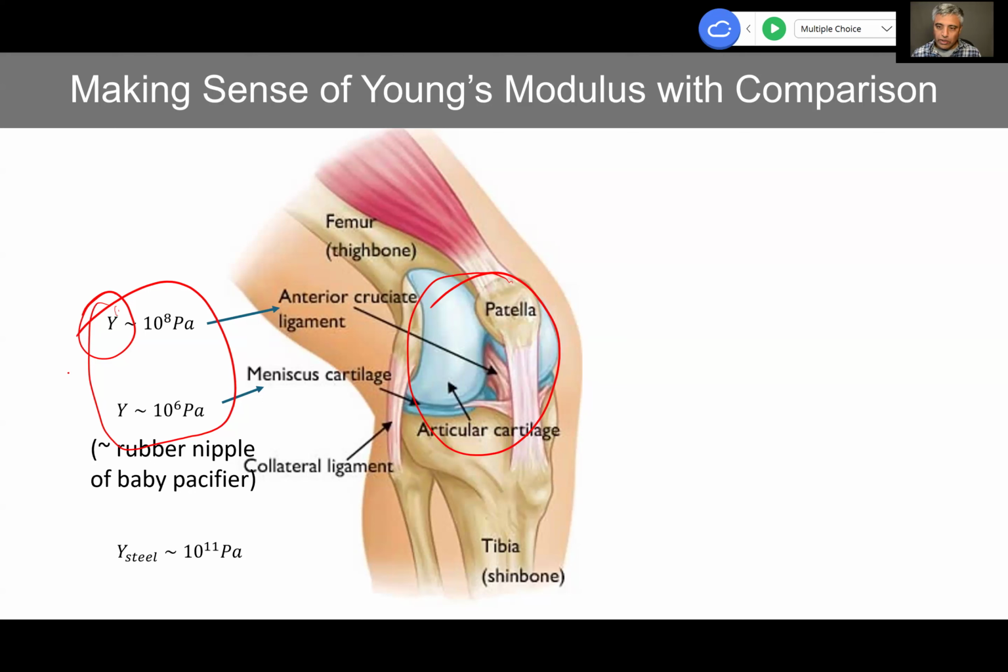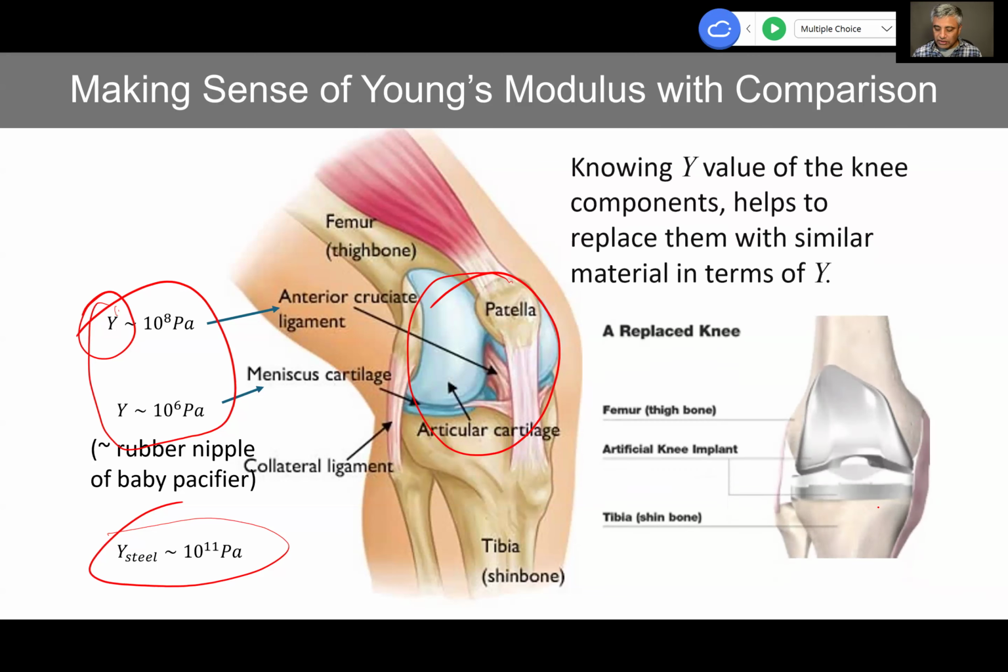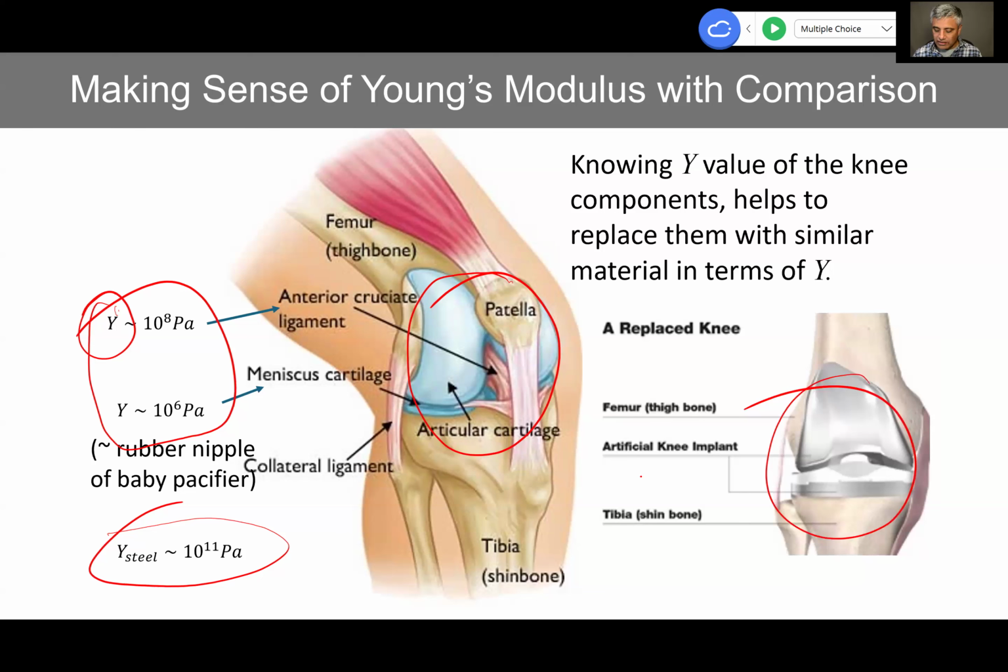So that's what we want, okay? We do not want to just put steel in as a knee replacement, okay? So understanding what the value of Y, the elastic modulus, is becomes interesting, okay? So there is a manufactured or artificial knee over there, okay?